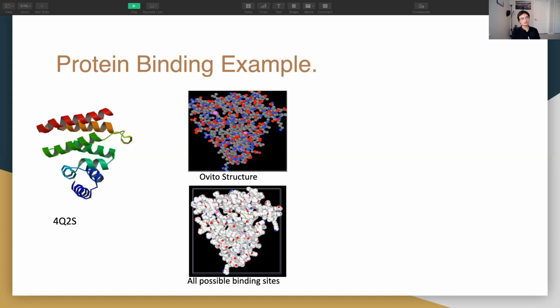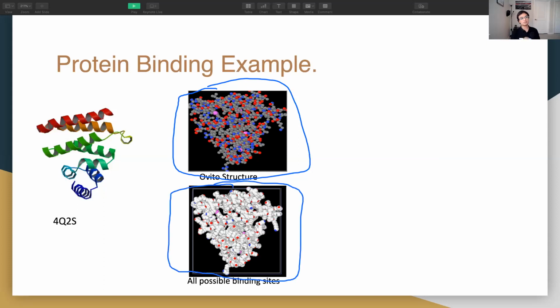If I visualize the structure in the Ovito software, this is how the structure of the protein looks. And these white balls are all the possible binding sites on that protein where a receptor can bind. For this particular protein, there are around 2,231 binding sites.